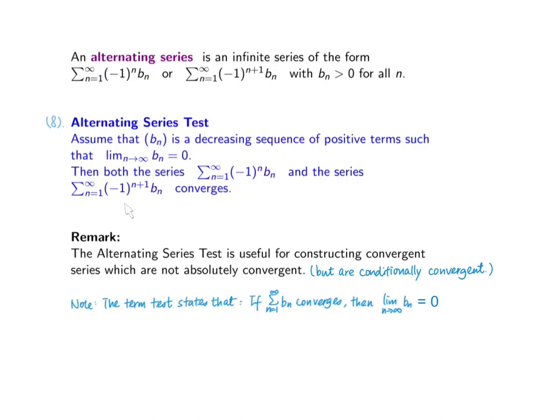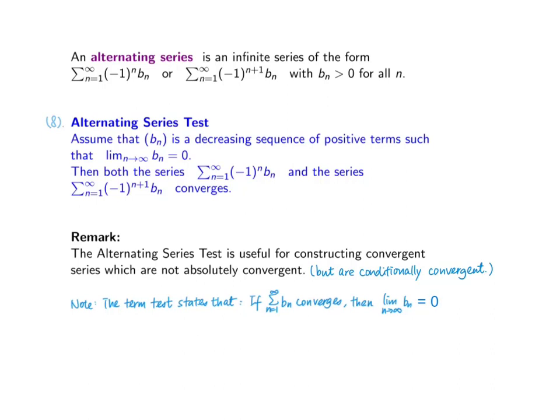Then we are guaranteed that this new alternating series converges with the use of the alternating series test. Therefore, the alternating series test is useful for us to construct convergent series which are not absolutely convergent. That is, it is useful for us to construct some series which are conditionally convergent.